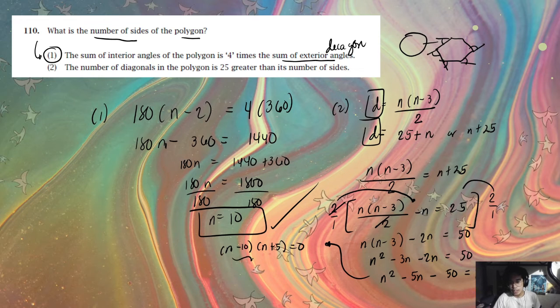Let's check if these two binomials give you this trinomial. So we have n minus 10 times n plus 5. Let's use the FOIL method. Remember the FOIL: first term, outer term, inner term, and then last term.